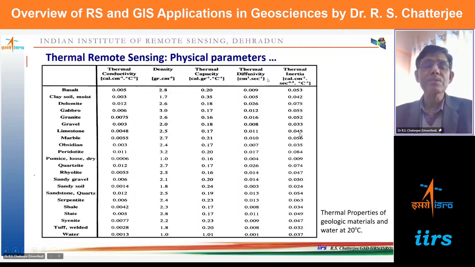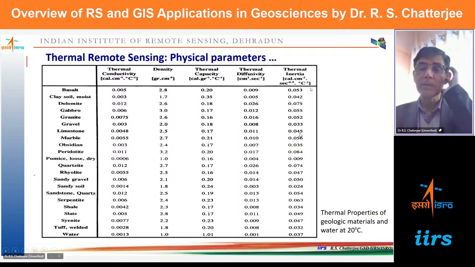Now you see, in thermal remote sensing, there are some important physical parameters. In fact, these are the thermal parameters that we need to study. Based on them, we can sense these different objects thermally, appreciate the differential signatures, and separate or identify objects based on thermal signatures, like thermal conductivity of the material, the density of the material, and thermal capacity, which is nothing but specific heat and density.